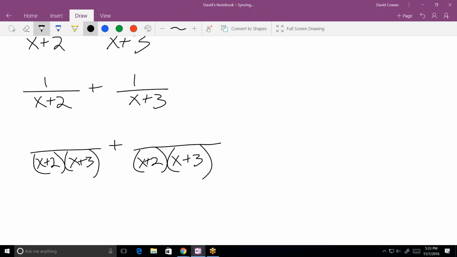Now, over here, we have to put a numerator that does not change this fraction. What numerator does not change that fraction? x plus 3. And now we can really see that we have not changed it. I could cancel out that x plus 3 with that x plus 3, and I would still have 1 over x plus 2. It's a beautiful method. And over on the right side, what do I have? x plus 2.